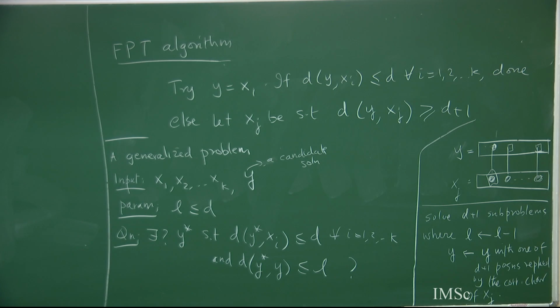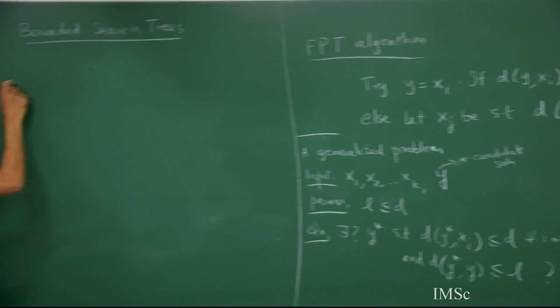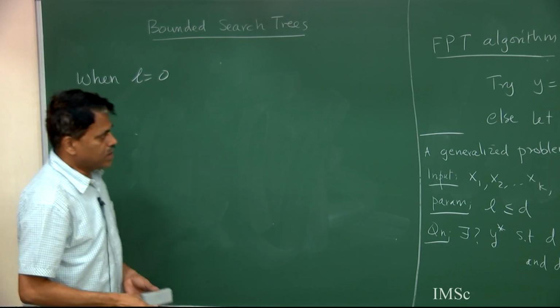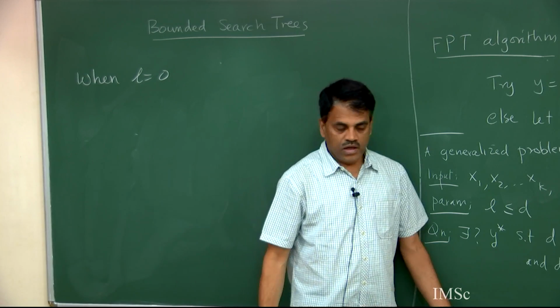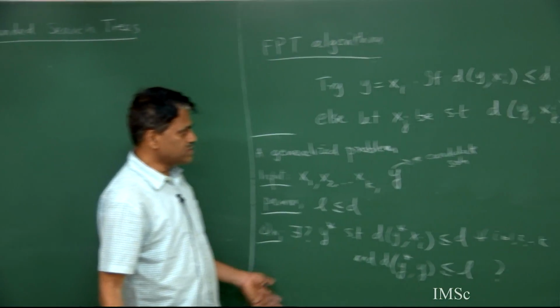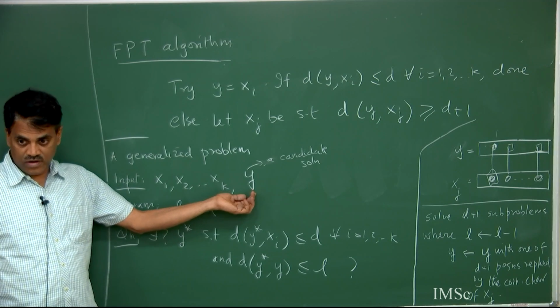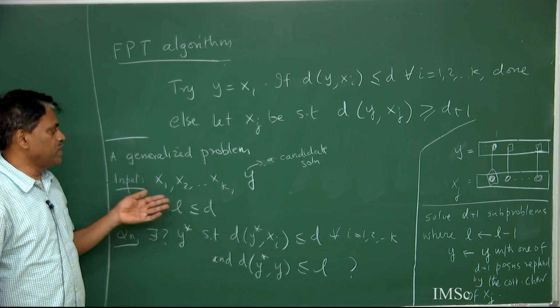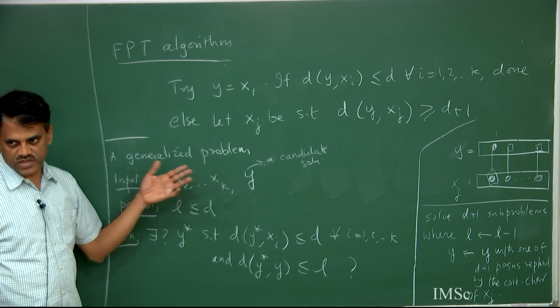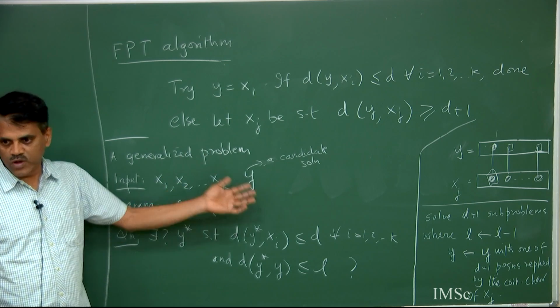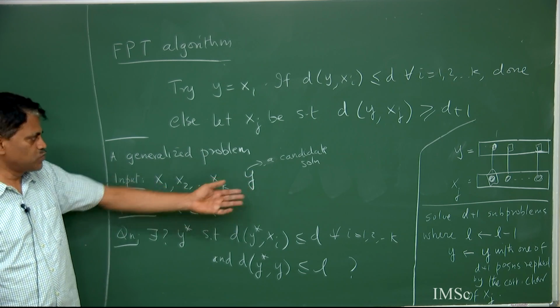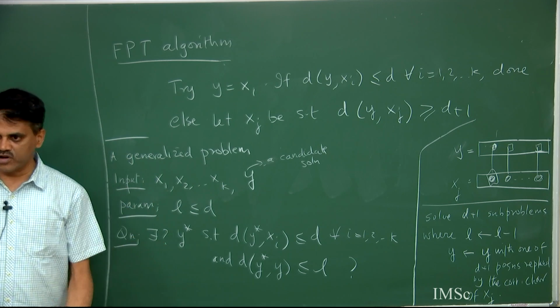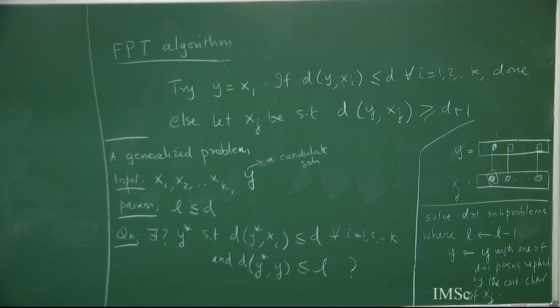When L is 0, what am I asking? I am saying find me a string whose Hamming distance from y is 0, and it has to be of distance at most d from each of these. That means it must be only y. So, it is the same as asking whether y is the solution. If so, the answer is yes, if not, the answer is no.